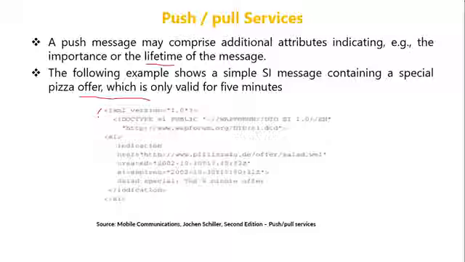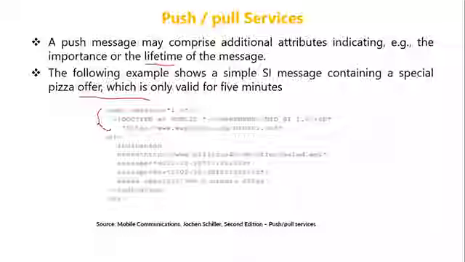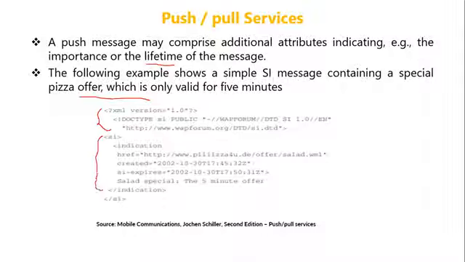So let us see the code. This is the XML part. Here we specify this is SI, service indication, SI and slash SI. And then indication, slash indication, and then href to some website which is offering pizza. It is created at 17:45:32 on some date.